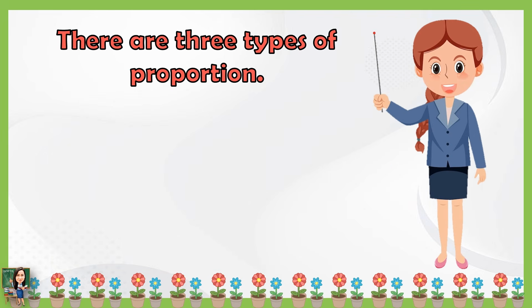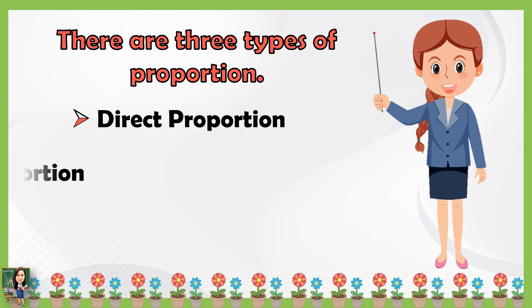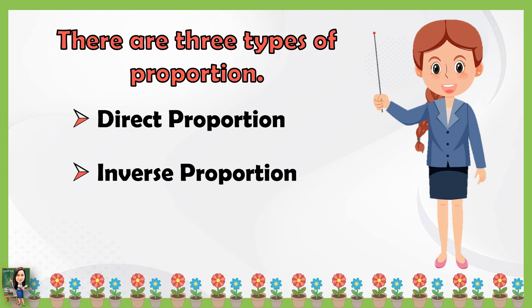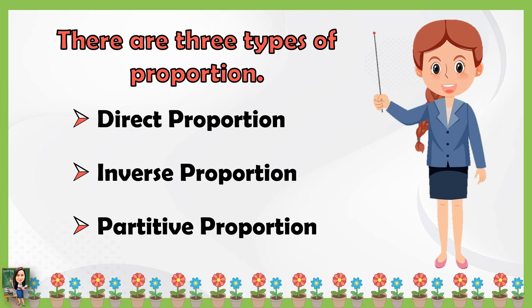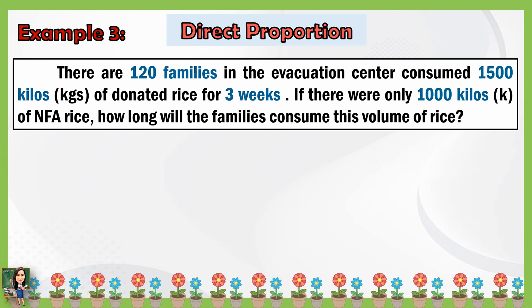There are three types of proportion: direct proportion, inverse proportion, and partitive proportion. For example number 3, let's study the direct proportion. Let's read the problem. 120 families in the evacuation center consume 1,500 kilograms of donated rice in 3 weeks.